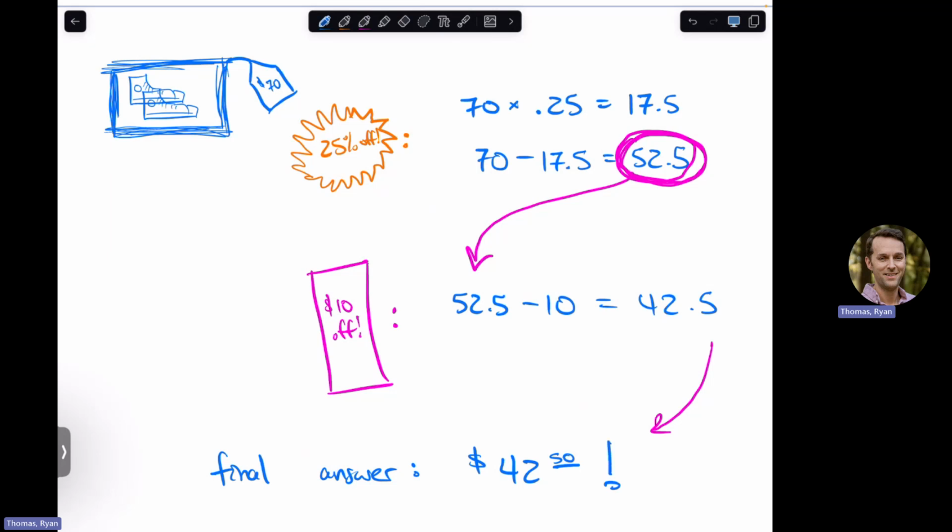Okay, so 25% off, we figure out what 25% is, we take that away, or it's directly 75%. And then an additional flat $10 off to subtract, but again, the important part is that we subtract from this intermediate step, not from all the way back at the beginning, right? Do you agree? Okay.